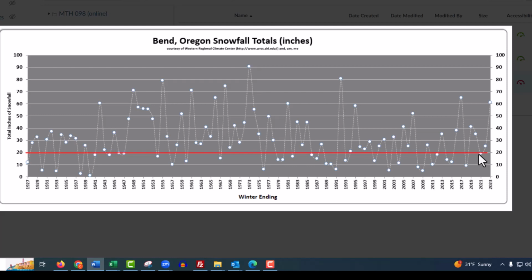Okay, so there are 34 below. That means there are 63 above, which means the percentage of winters is going to be 63 divided by 97, which is about 65% of winters have more than 20 inches of snow in Bend.